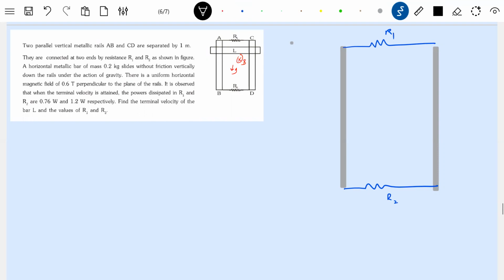So this moving rod will behave like a cell. Then B here also. The induced current will flow in this direction, here I1, here I2.